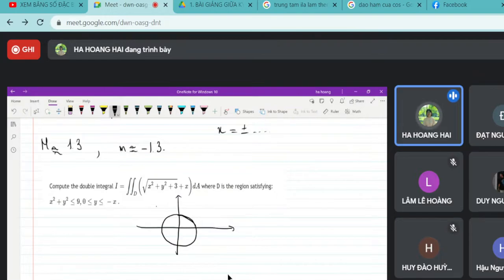So you have to draw the line y equal to minus x here, and y less than minus x means we take the part below the line, right? And so this line we have this one. Is that right, class?